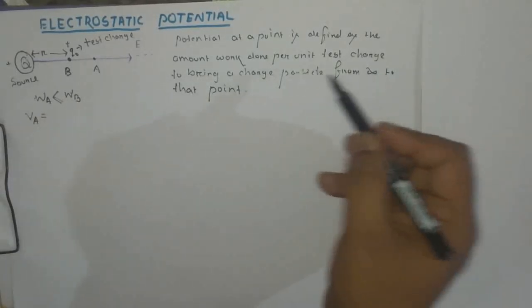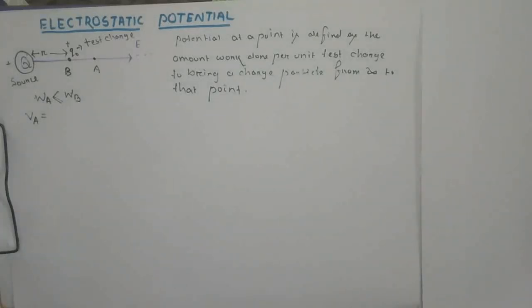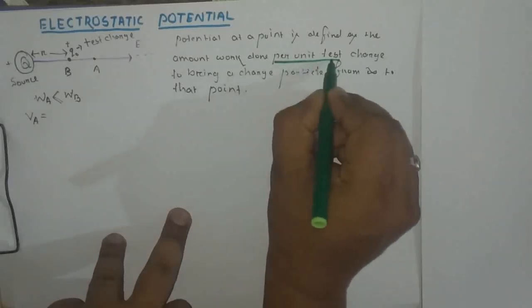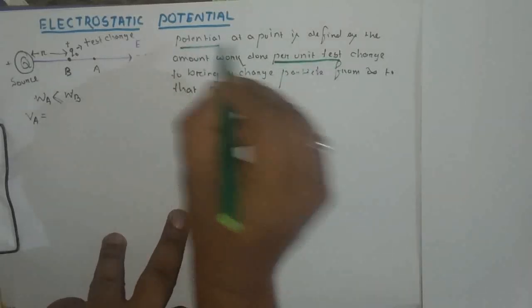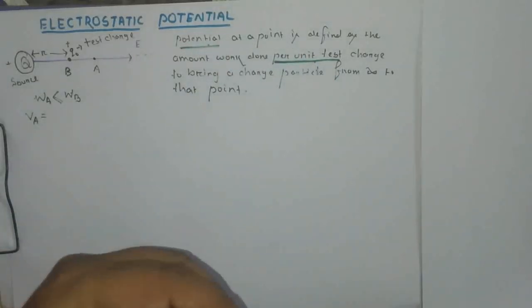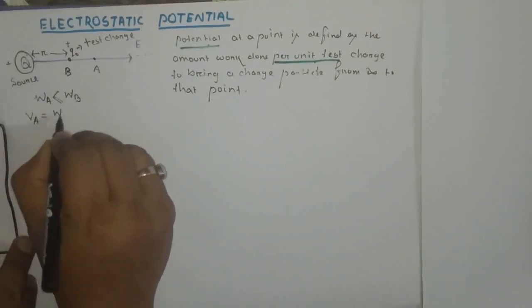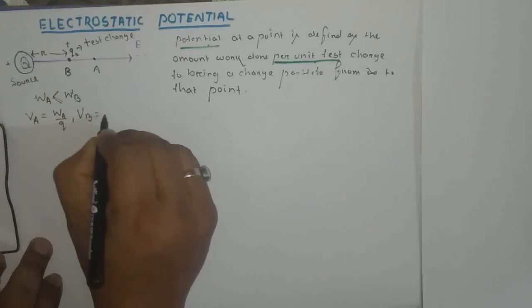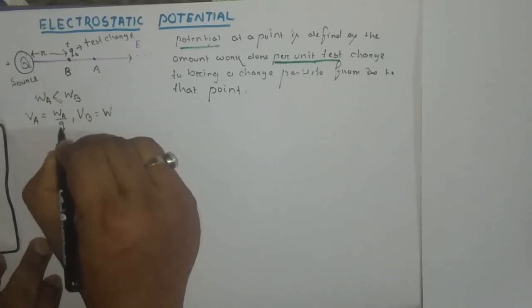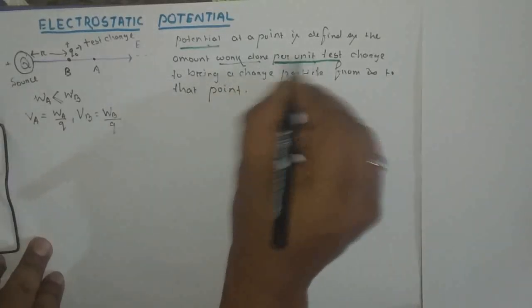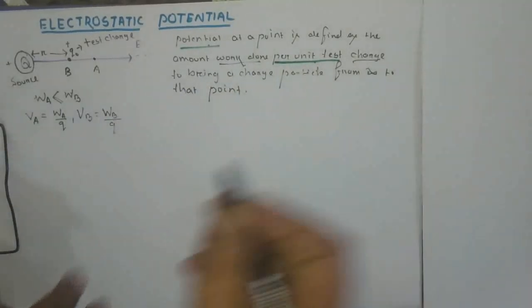So what is the definition? You have to mark here per unit charge. If I remove this, it will become potential energy. If I add this, it will become potential. That means potential at that point A will be WA by Q. Potential at the point B will be WB by Q, work done per unit test charge.